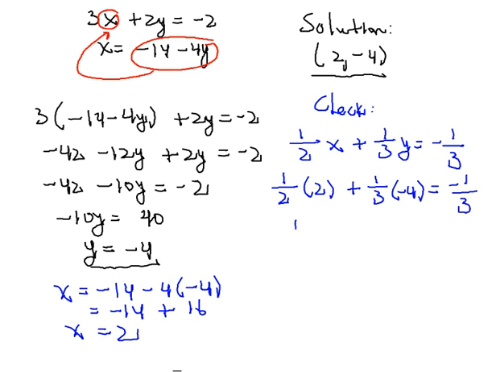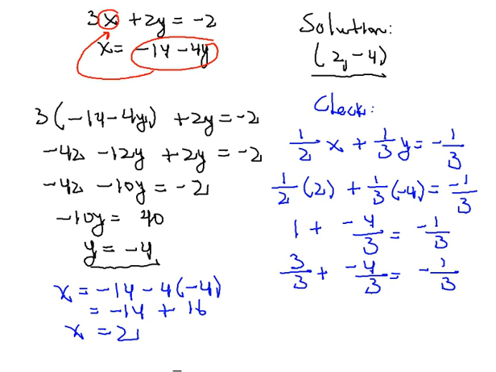And simplifying, we have 1 plus negative 4/3. And getting a common denominator, we have 3/3 plus negative 4/3. And the left-hand side does simplify to negative 1/3.